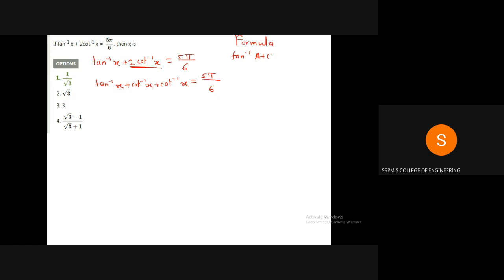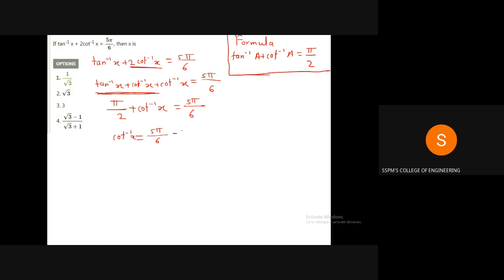Now cot inverse x is equal to, if we subtract pi by 2 from both sides, 5 pi by 6 minus pi by 2.